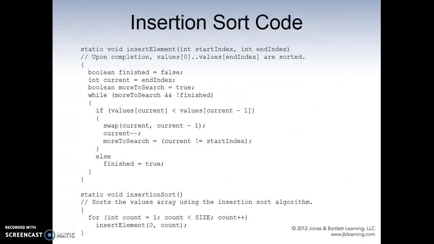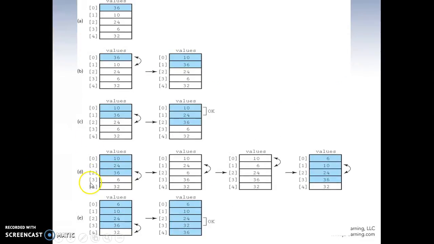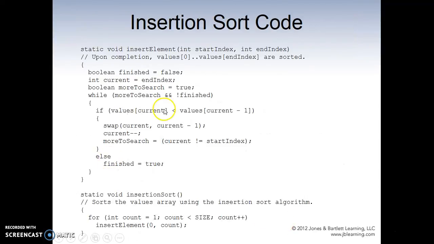Just like the last image that we saw here. We always know that the top part is sorted. Because this is insertion sort, we start from the beginning. Like here, we see that 32 has to go after 24. We're done, we don't keep going. That's why the trick is that when it's greater than, we set finish to true.